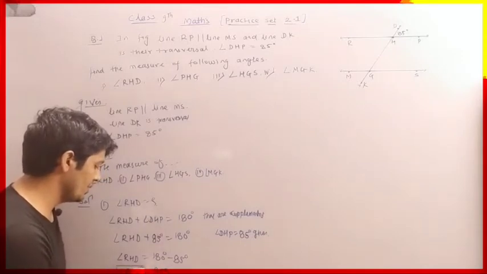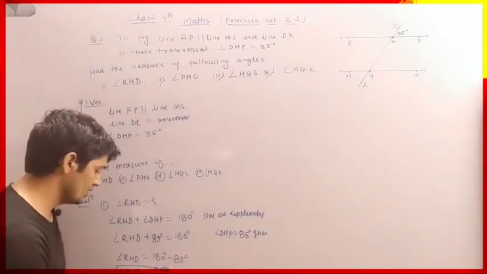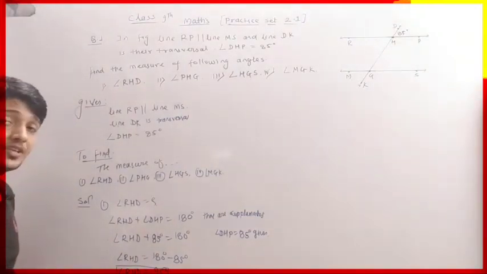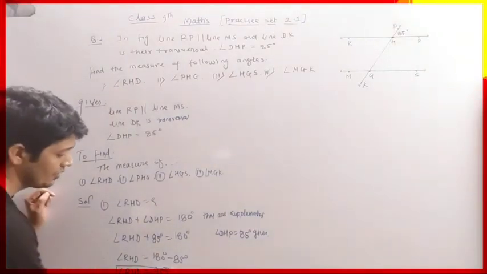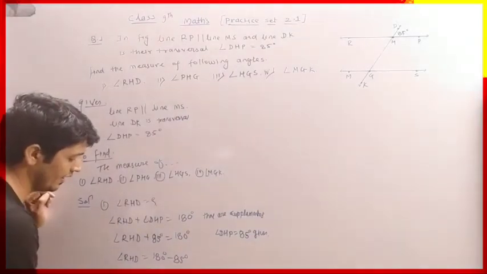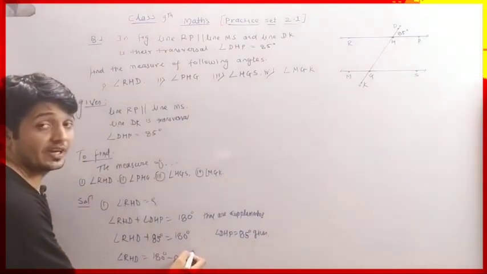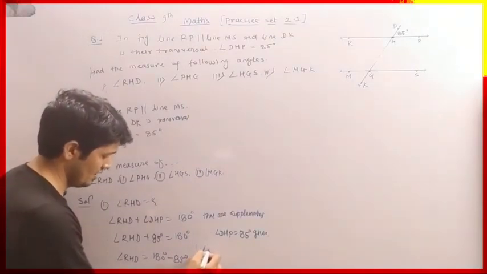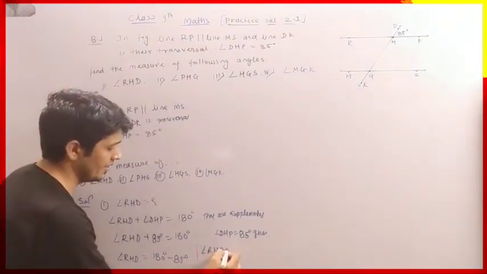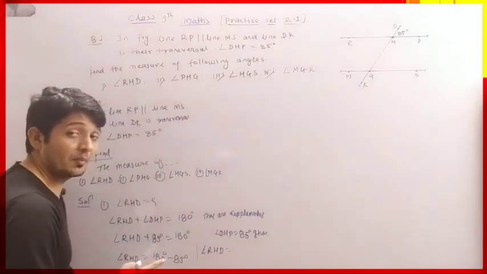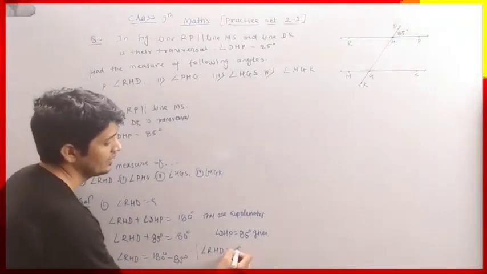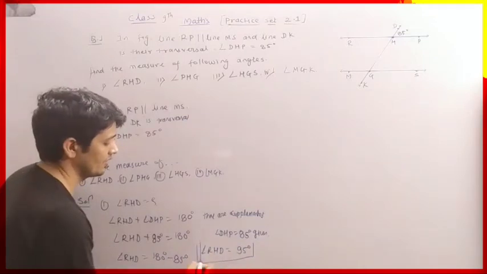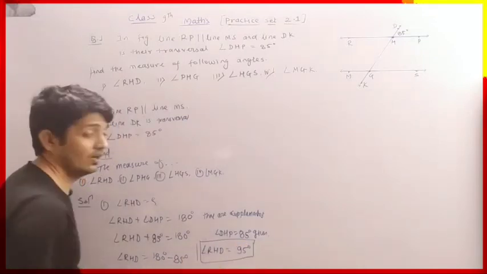So this is the measure of the first angle, which is angle RHD. If you are not able to see, I am writing just beside here. Angle RHD equals 180 minus 85, which is 95 degrees, and this is our first answer.